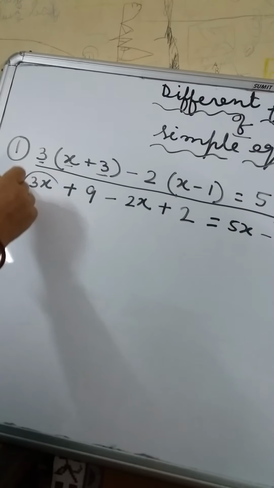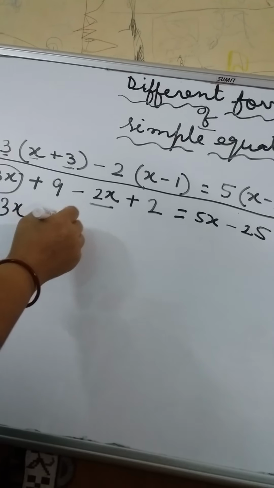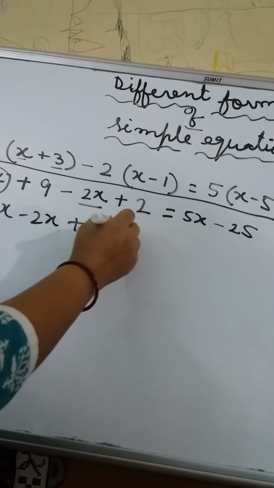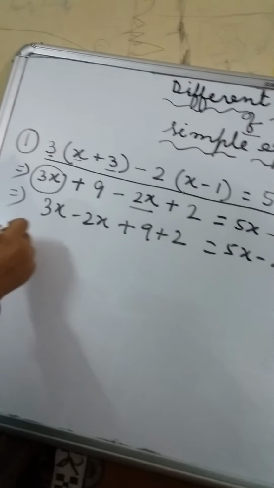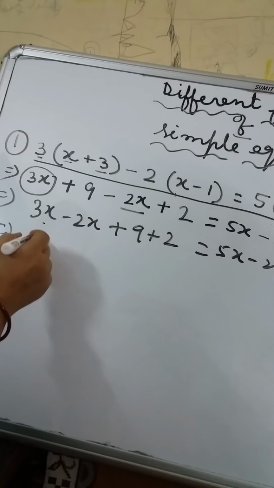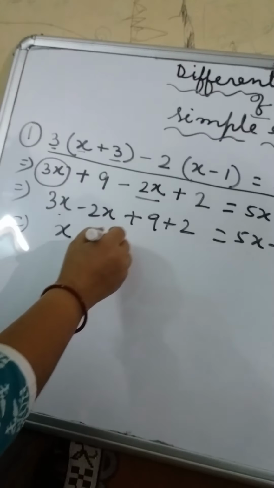So this is 3x minus 2x, plus 9 plus 2 equals 5x minus 25. 3x minus 2x is x and plus 9 plus 2 is plus 11.